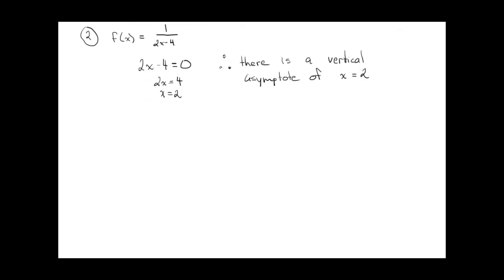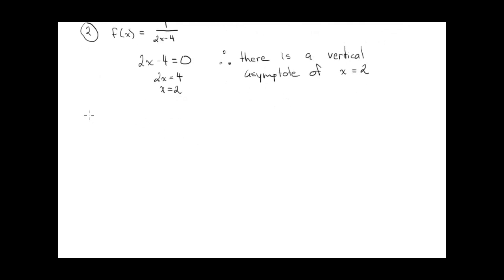Okay, going back, the next thing we want is points where y equals plus or minus 1. I just want to talk for a second about why we're doing this. We just mentioned we can't find the x-intercepts because this function f of x will never be equal to 0.